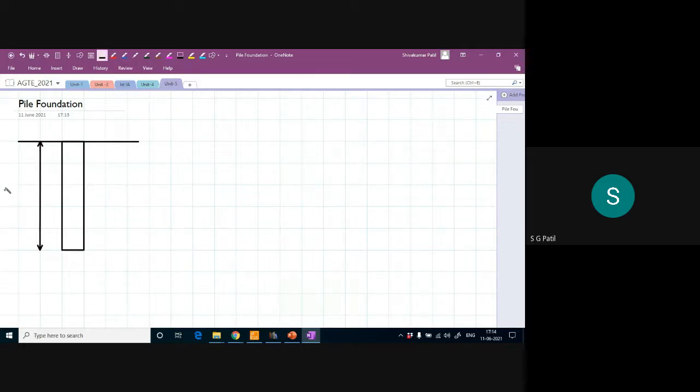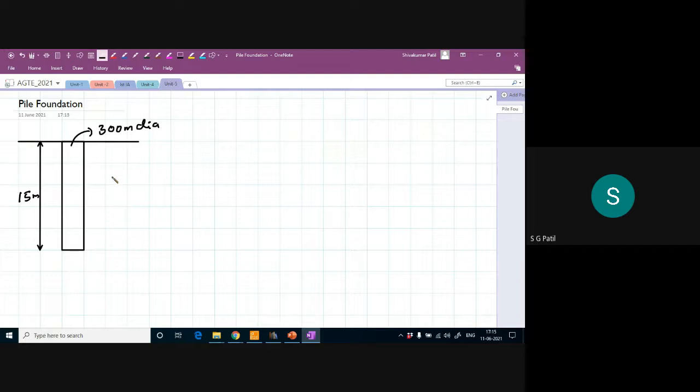This is 15 meter length of pile, and the diameter of the pile is 300 mm dia. Okay, 15 meter long.